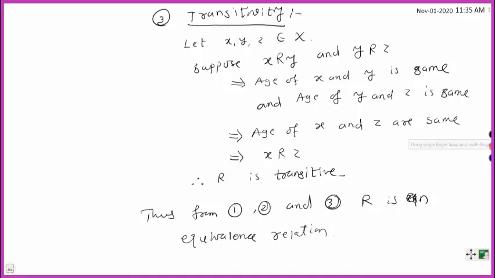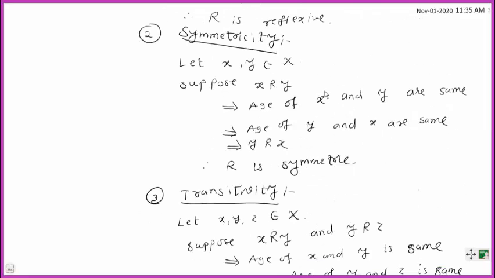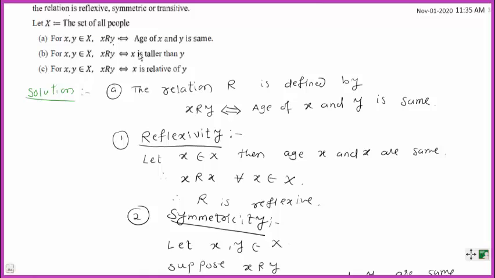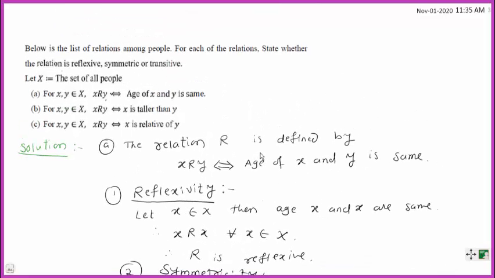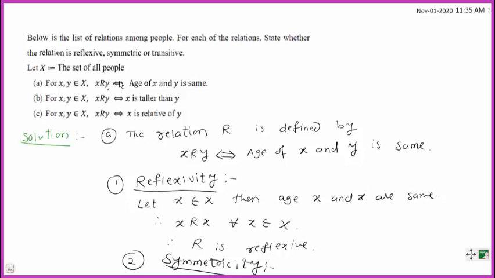Similarly, you can check whether the second given relation is equivalence or not. How can you check? I am not going into the details of this, only I will give a hint. So x is taller than y. x and y are related if and only if x is taller than y.